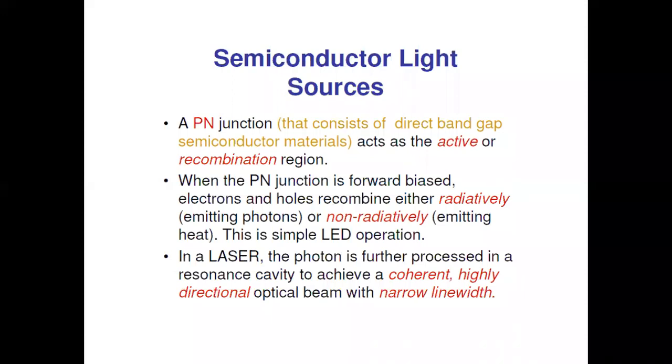So, we need to understand that for semiconductor light sources, generally a p-n junction works as an active recombination region, and when it's forward biased, the electrons and holes come and recombine with one another, radiatively or non-radiatively. The radiative ones emit a photon, which is basically the LED operation, and non-radiative ones are basically thermal.